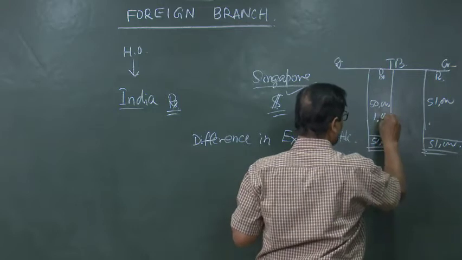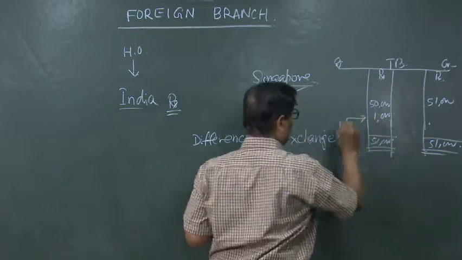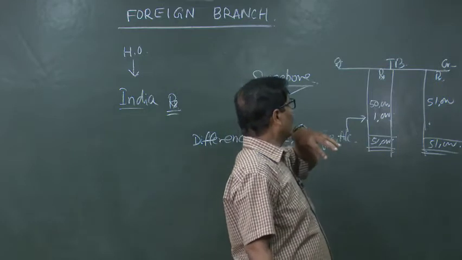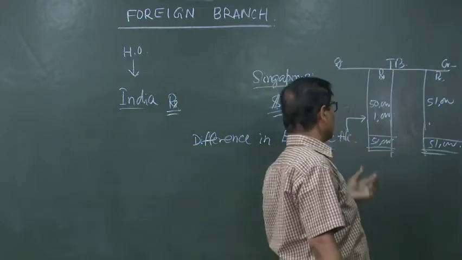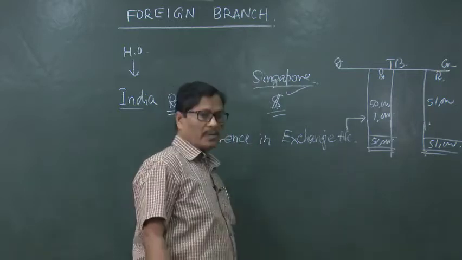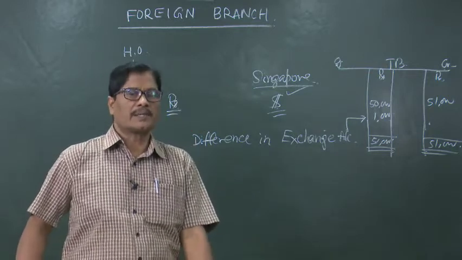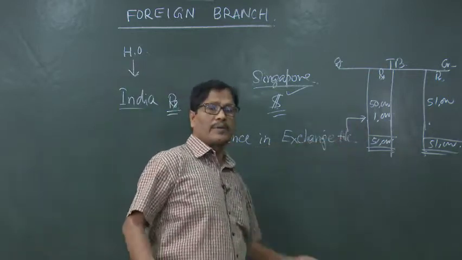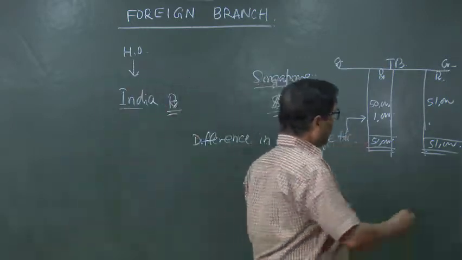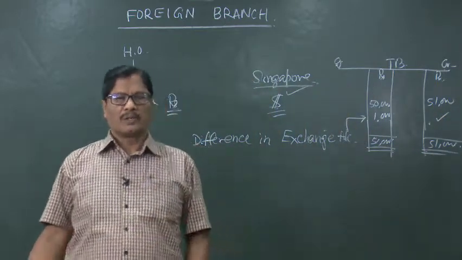So, we can write 1,000 here, and that is nothing but the difference in exchange account. We can attribute this 1,000 of difference, as in the debit side it is falling short by 1,000, we can keep it as 1,000 difference in exchange account. Then our balance sheet will tally and we can take this into the asset side, because this is a debit side item, it will be going to the asset side of the balance sheet. If on the other hand it would have appeared here in the credit side, it would have gone to the balance sheet liability side. So, that is the last thing.